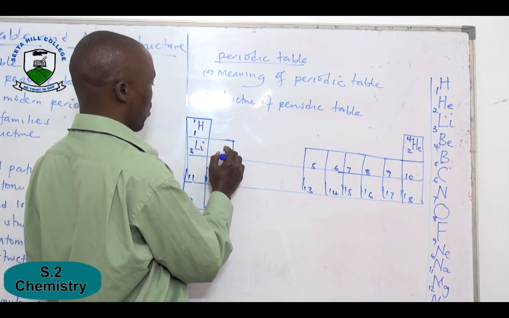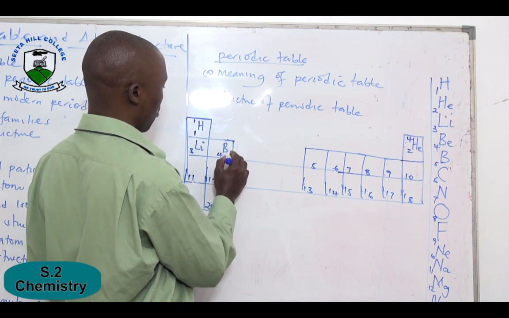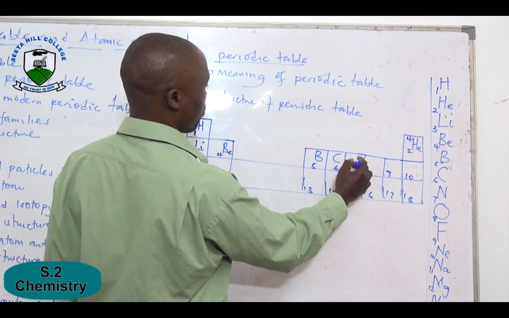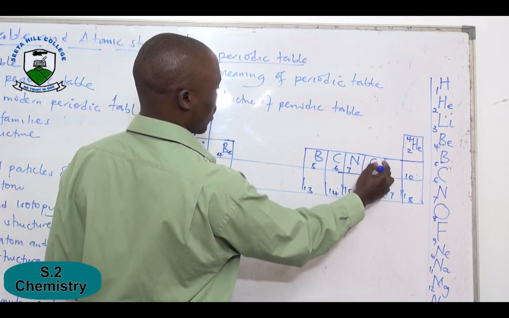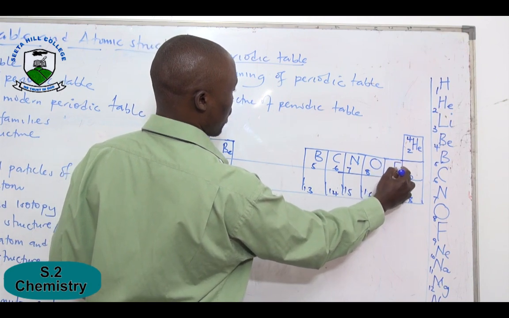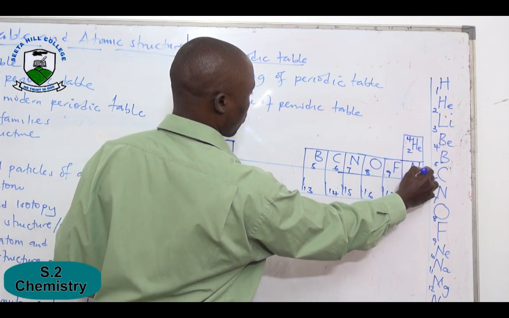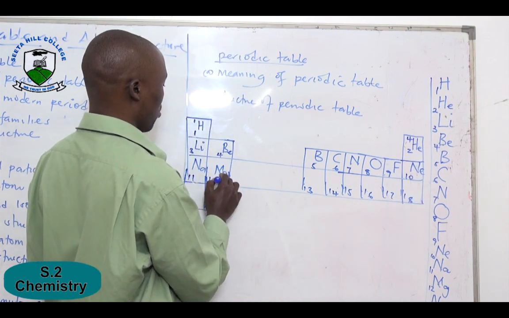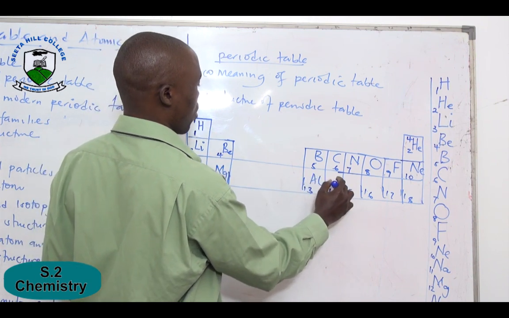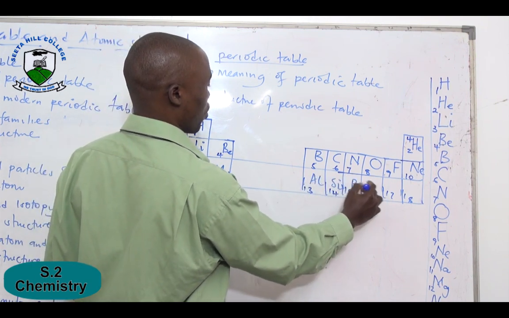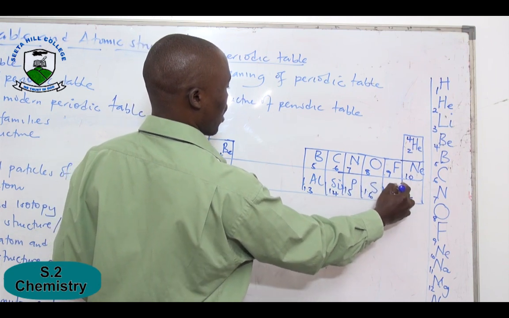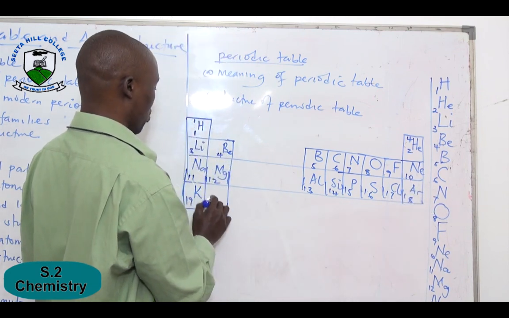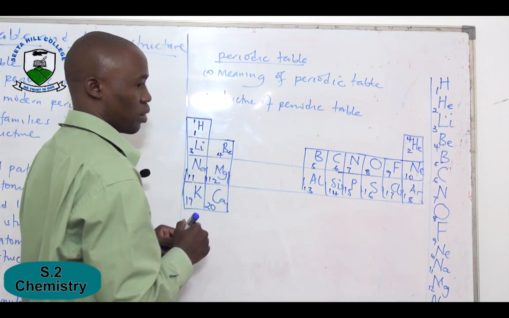Then here we'll have beryllium, boron, carbon, nitrogen, oxygen, fluorine, neon, sodium, magnesium, aluminium, silicon, phosphorus, sulfur, chlorine, argon, potassium, calcium.